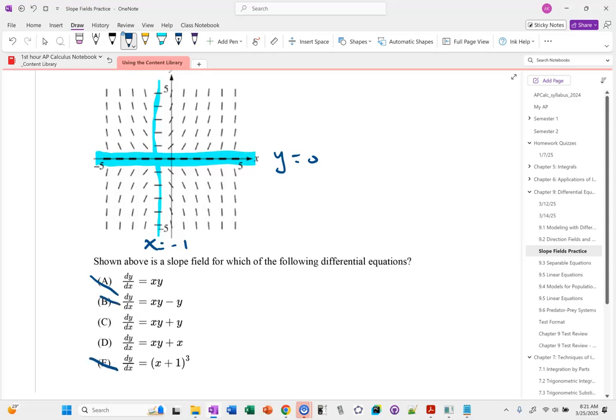Everybody agree with that? Now, if we think about this, this is like y times (x plus 1), and this one is x times (y plus 1). So notice that D isn't going to work either. So our answer has to be C.